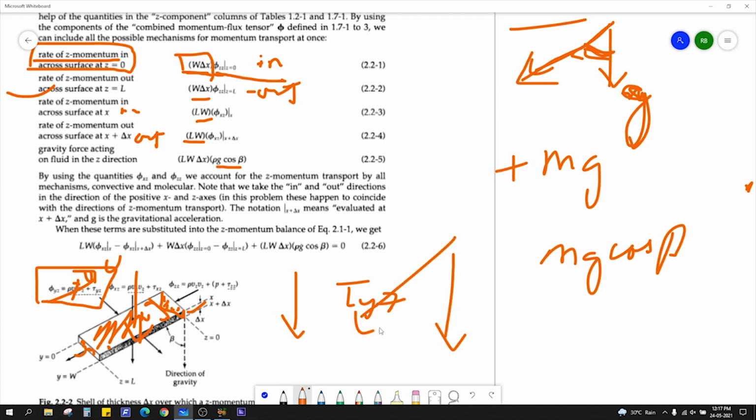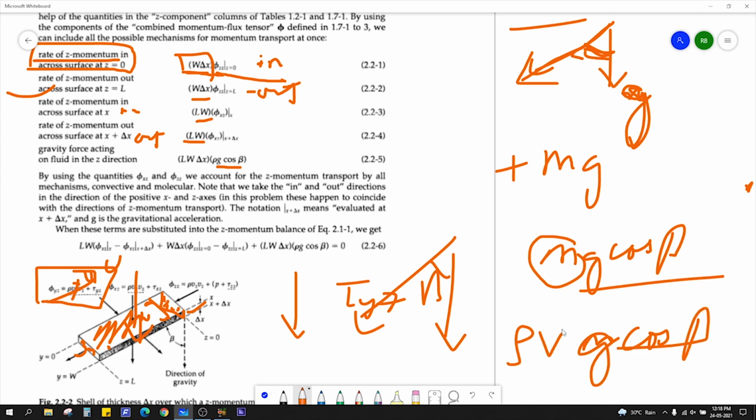But the flow is happening here, and because of the component of gravity in this direction, you have to take g cos beta. Now, what is the mass of the fluid in this thin element? Generally in momentum shell balances, you'll be given the density of the fluid. Mass is density times volume.